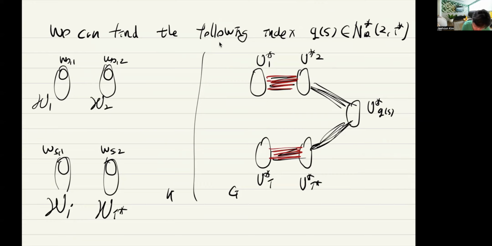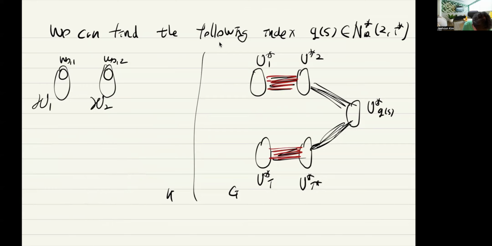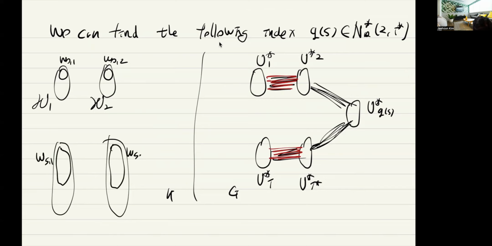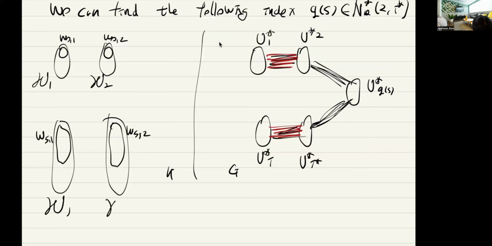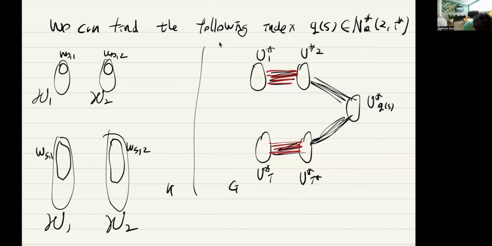Then maybe let me draw this in a bigger way. WS1, WS2. And this set might have some neighbors here. This has some neighbors here. And then they might have neighborhoods, and neighborhood.